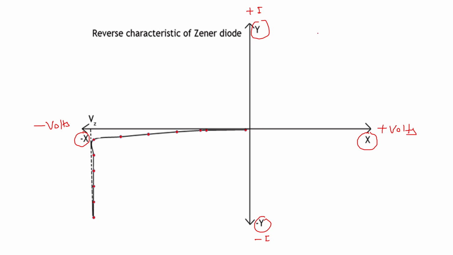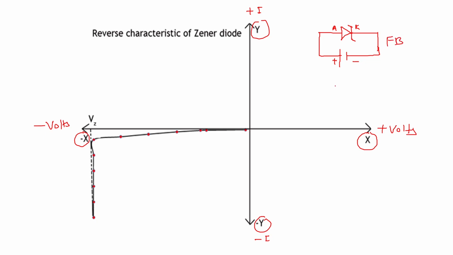Okay, now in the forward bias, how does it look? The circuit will look like this. You will have a Zener diode here. If you want to forward bias this Zener diode, the battery connection to the anode terminal should be positive and to the cathode terminal should be negative. So if you have this type of connection, it is forward biased.